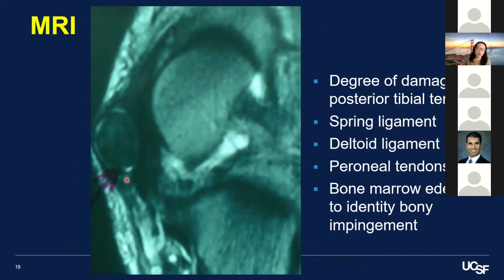Your posterior tib tendon is usually not that big. You can also look at your spring ligament and deltoid ligament. And you can use MRI to identify any bone marrow edema. For instance, if they had subfibular impingement on the outer side, you'd see marrow edema within the distal fibula and the calcaneus.